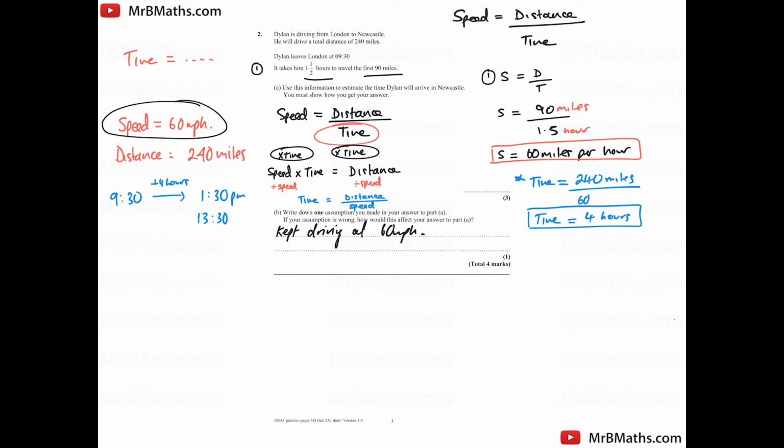So you could say that if he stopped, he arrived later, or due to slower speed. He would arrive earlier if he drove at 70 miles per hour, for example.